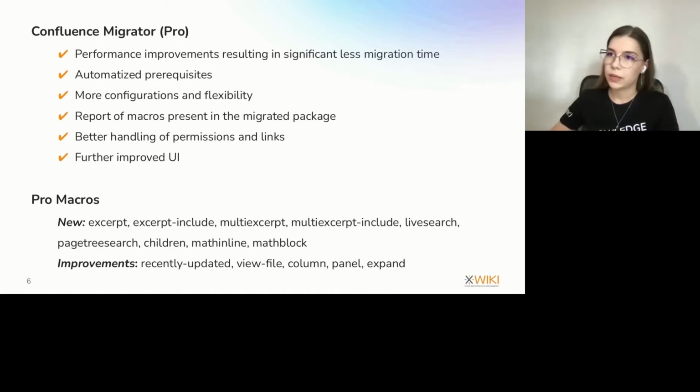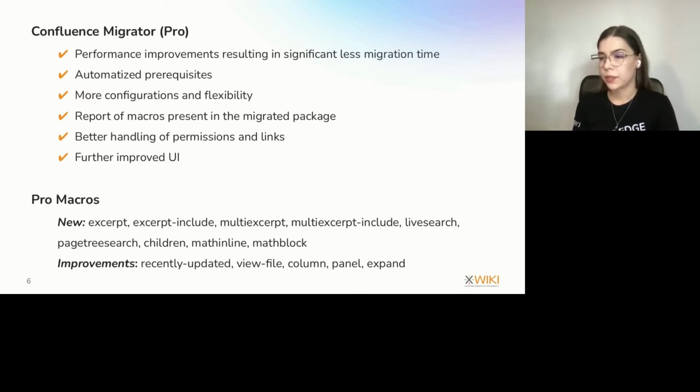One of them, for example, is that before we were importing pages in a flat hierarchy and then moving them to the right location, the same hierarchy that they were in in Confluence. Now, thanks to our developers, we are able to import directly into the correct location. Other improvements were done in the way in which the Confluence package is read, the entities XML file, and many other improvements in this regard.